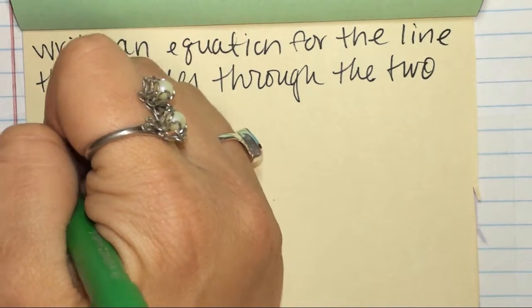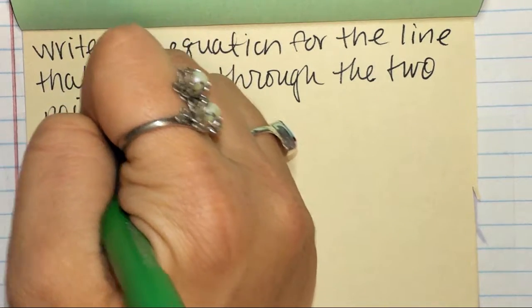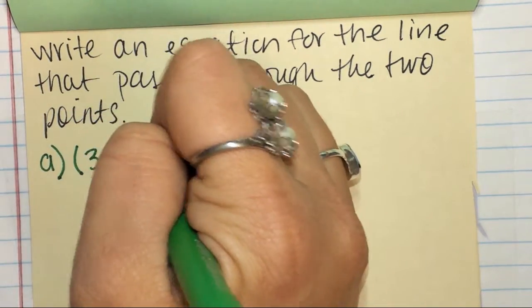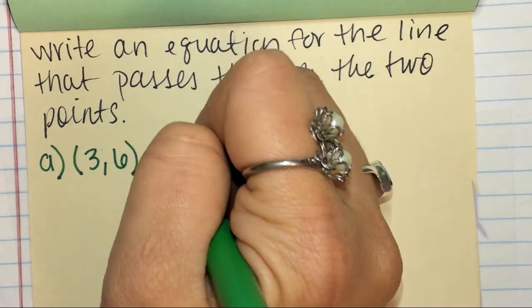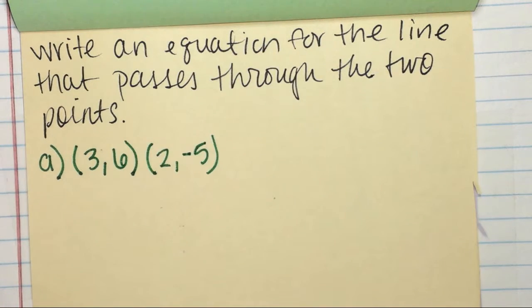Okay, our first 2 points are going to be (3, 6) and (2, -5).